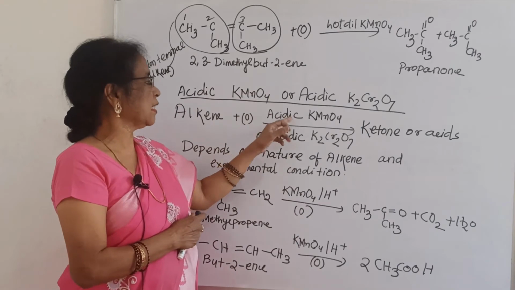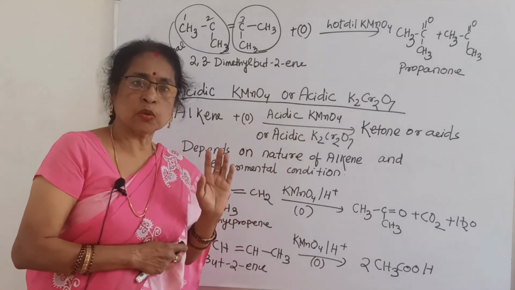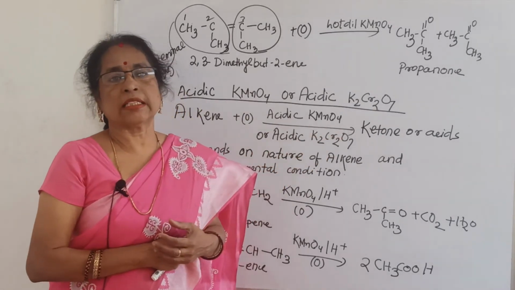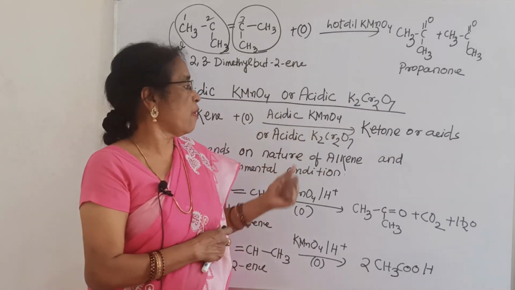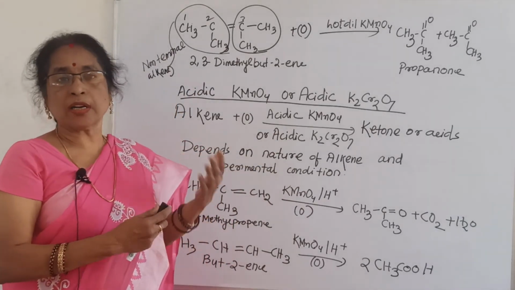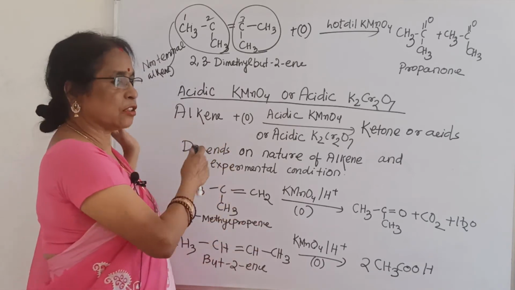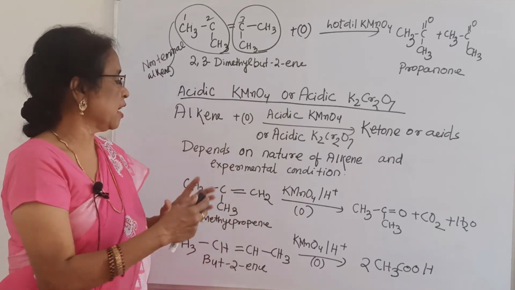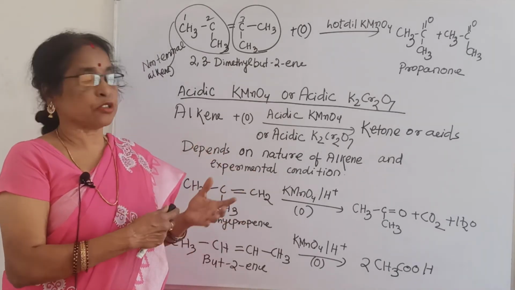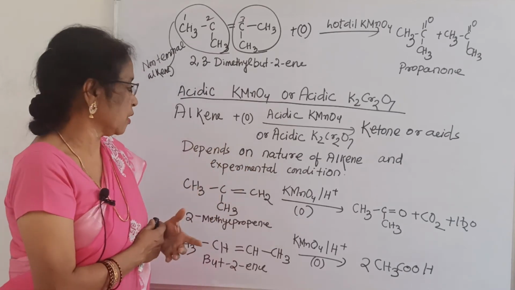You can take acidic KMnO4 or acidic K2Cr2O7, but here it forms ketone or acid. Then how can you know whether it forms ketone or acid? It depends on the nature of the alkene. What type of alkene: symmetrical, unsymmetrical, terminal, non-terminal, and also condition, temperature, pressure, all the conditions you will check. According to that the compound is formed.